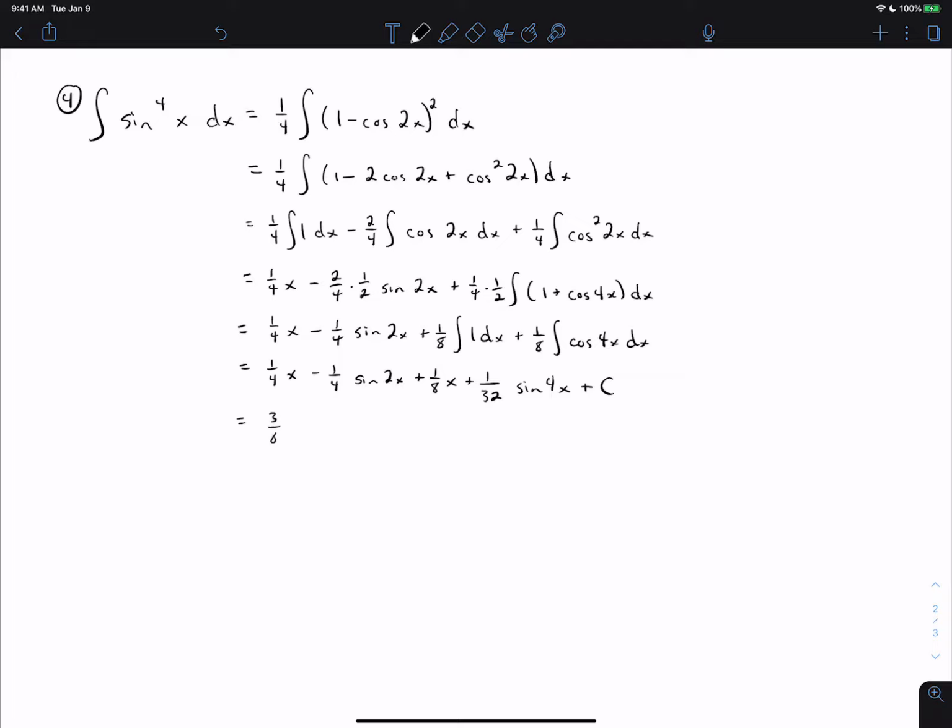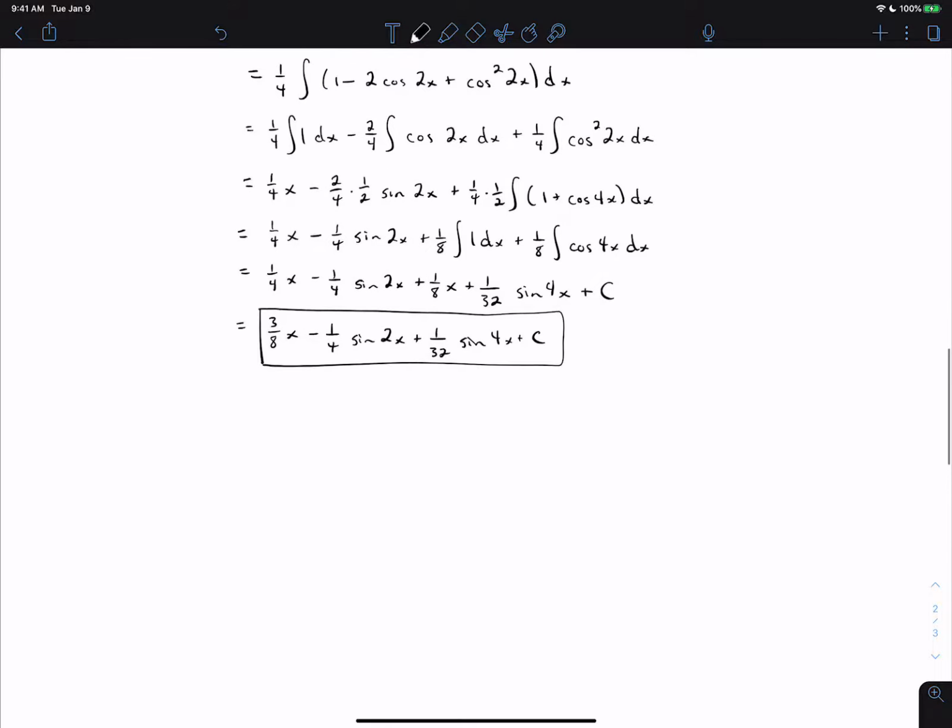That's 3/8 x because of a common denominator, so we get 2/8 plus 1/8. And aside from that, there's not much useful simplification that can be done. And so we get this answer, 3/8 x minus 1/4 sine of 2x plus 1/32 sine of 4x plus c.